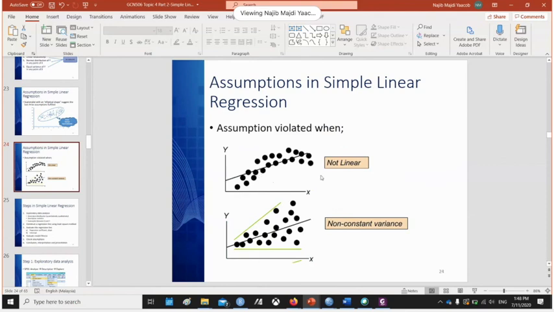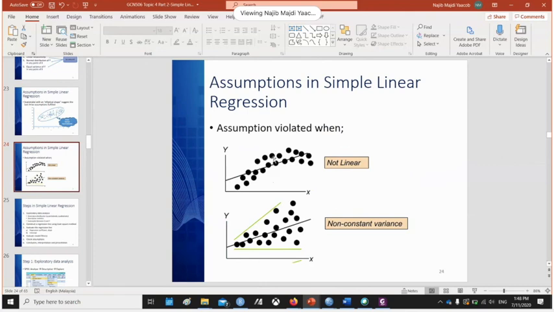For example, like this one, it has a curvilinear relationship. If we develop a linear regression model, there is a lot of prediction error over here. The prediction line is better here, and when the curve is more prominent, our prediction becomes less accurate.